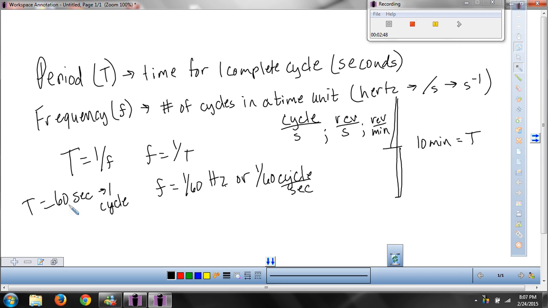It's like the second hand on the clock. If you look at it, it takes 60 seconds to go around one time. So each second that ticks by, it's gone 1/60th of that cycle.